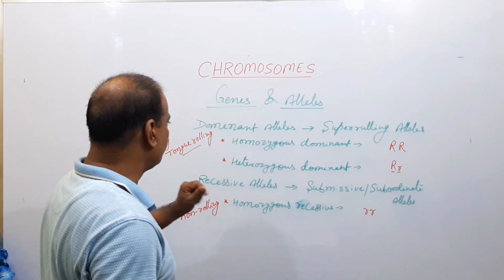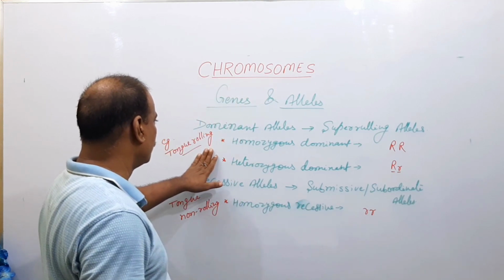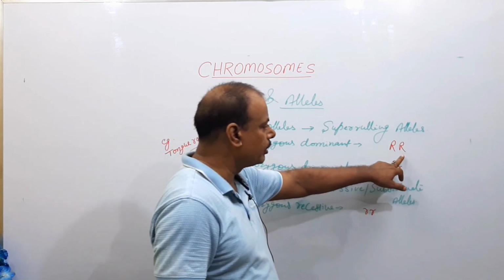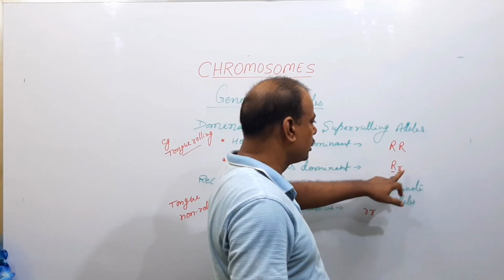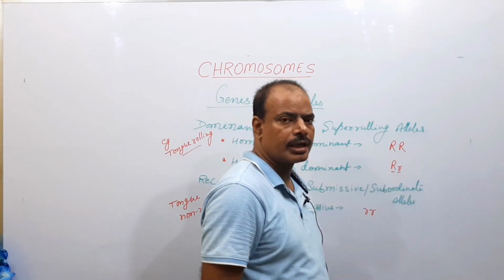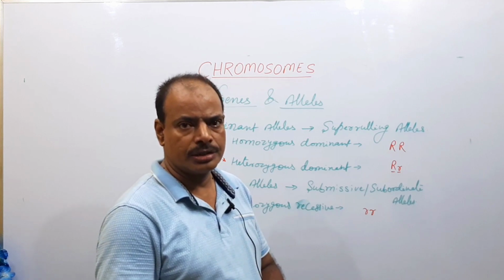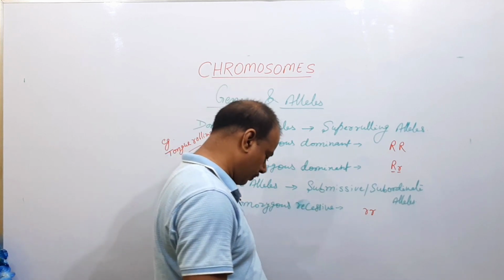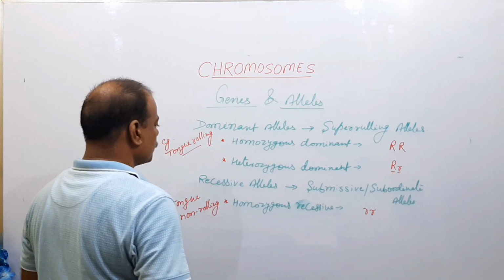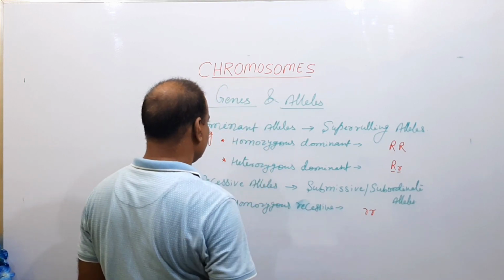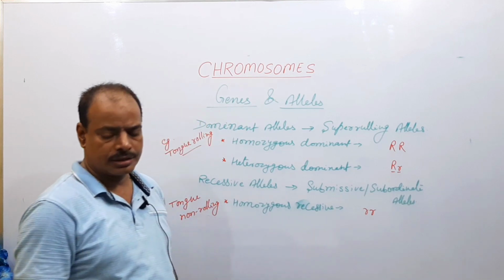So most of the people in the world are tongue rollers, means they contain capital R capital R or capital R small r type of alleles or genes in their cells on the particular chromosomes. So here these are the two conditions of the alleles.